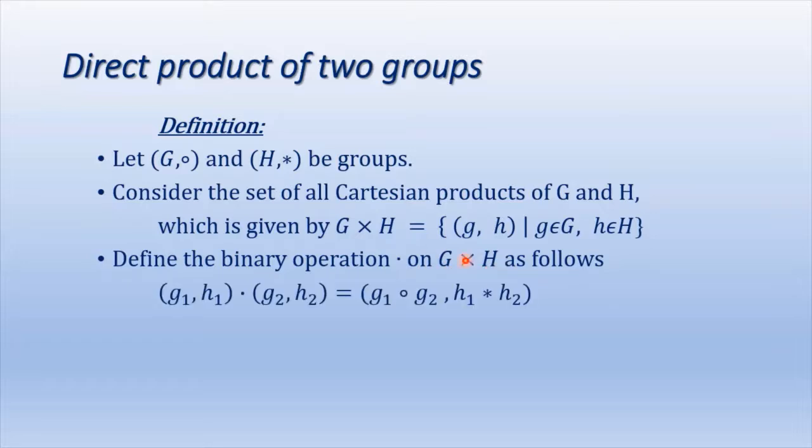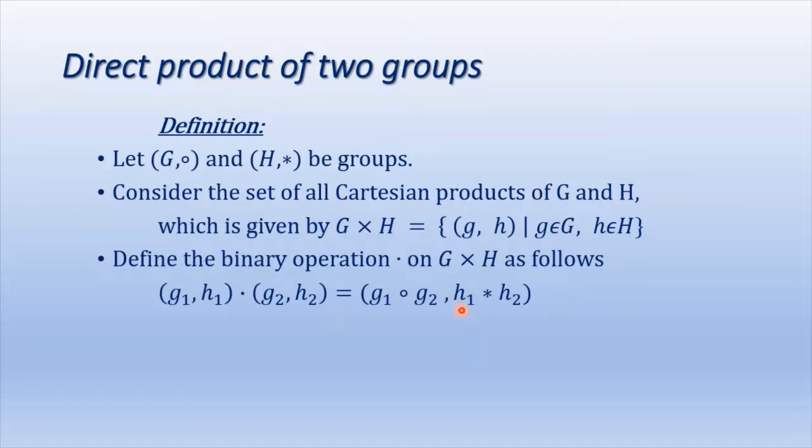Define the binary operation on G cross H as follows. You are considering two elements from G cross H. The first element is G1, H1 and the second element is G2, H2. So this dot is defined as the ordered pair G1 dot G2, H1 star H2.